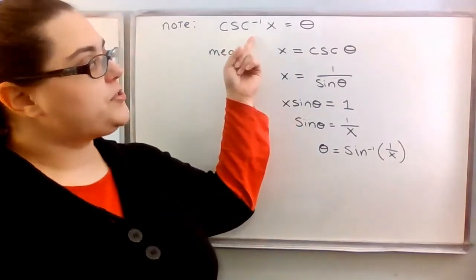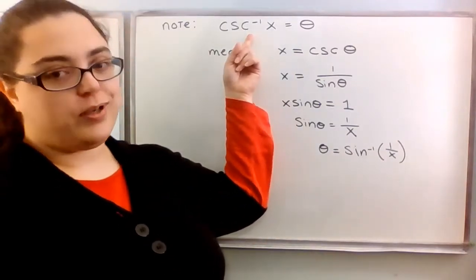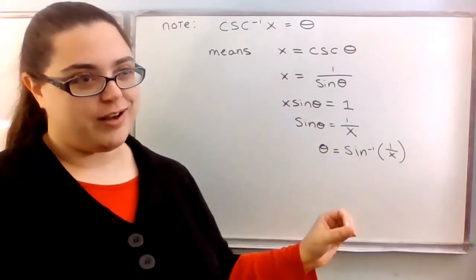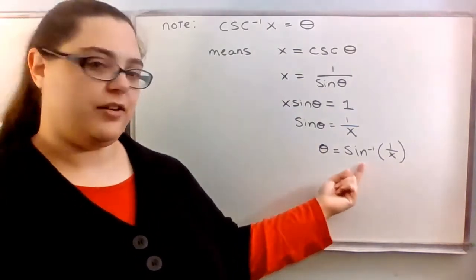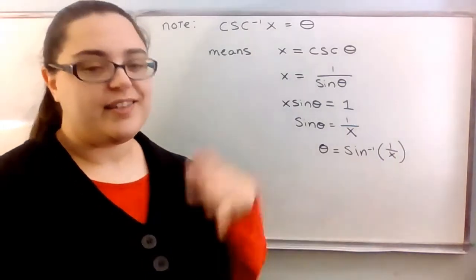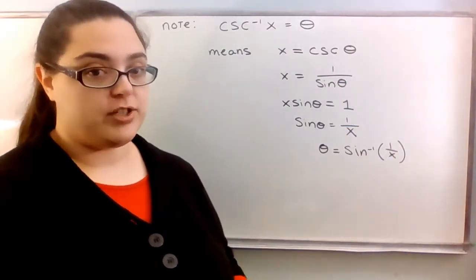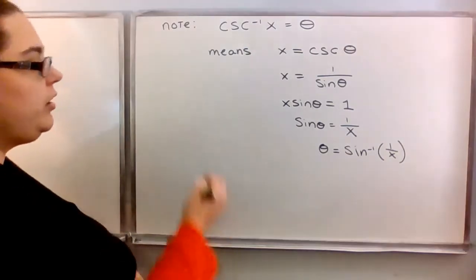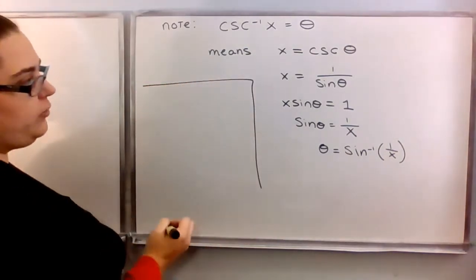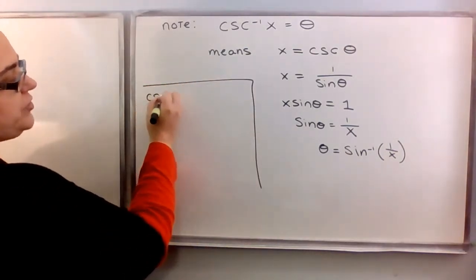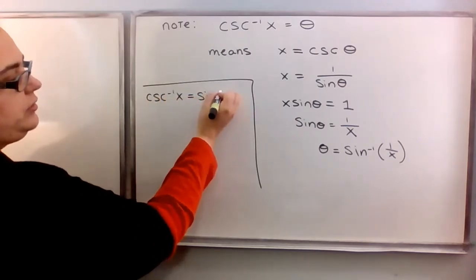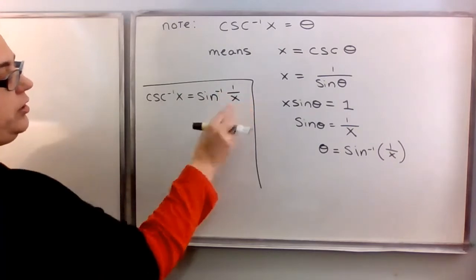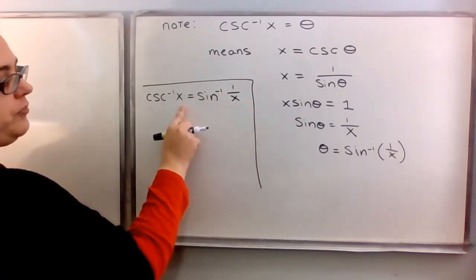So to find inverse cosecant, you're not going to take the reciprocal of inverse sine. You're going to take the reciprocal of the ratio and then inverse sine that. And this is the case for all of our reciprocal relationships. So our key takeaway here is if you have inverse cosecant, that's going to equal inverse sine of the reciprocal of the argument.